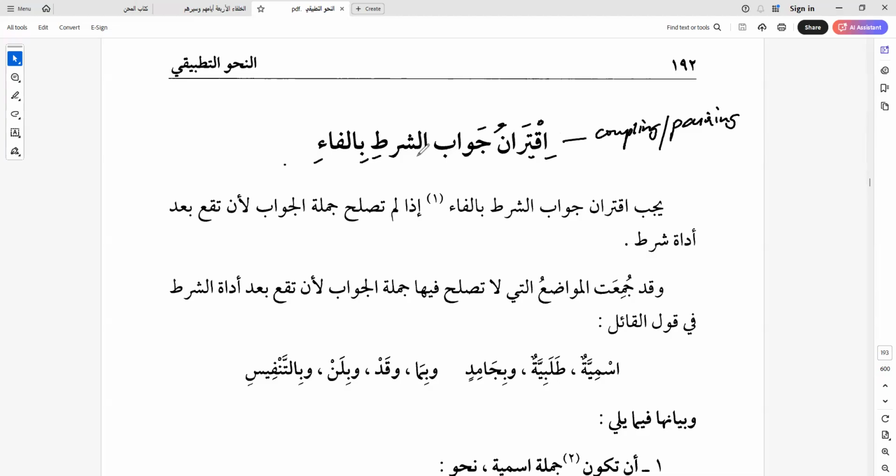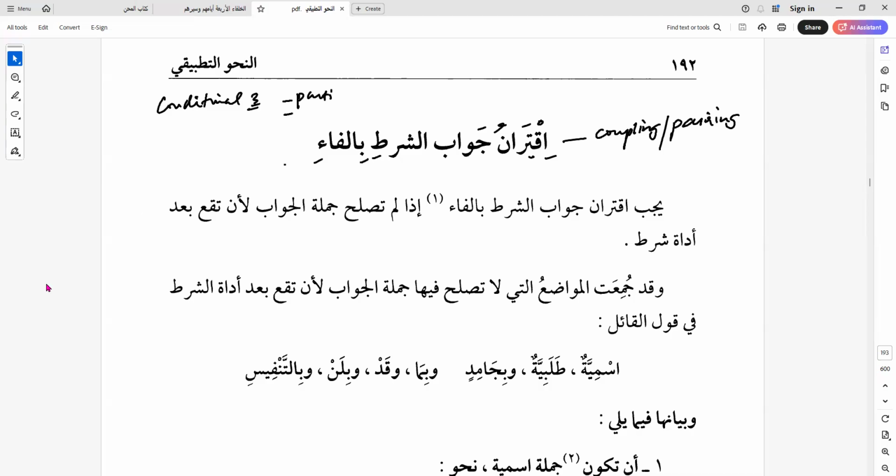al-jawab al-shart, you remember that in Arabic, if you are constructing a conditional sentence, we have three components: the particle, and then the fi'l al-shart, the verb of the shart, and the jawab al-shart.